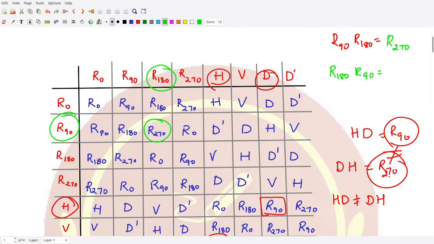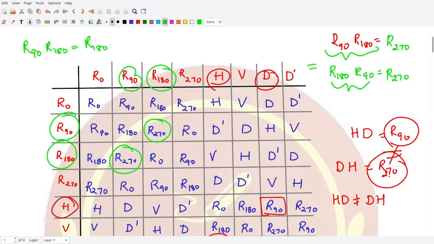You have R180 here and R90 here, so you have this as R270. So you see in this case R90 R180 is equal to R180 R90. If that is so, these two elements are commutative. These two elements, however, are not commutative.